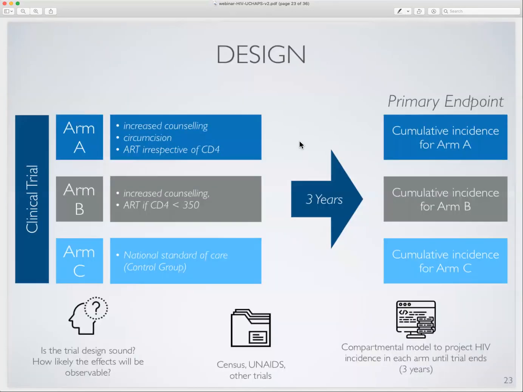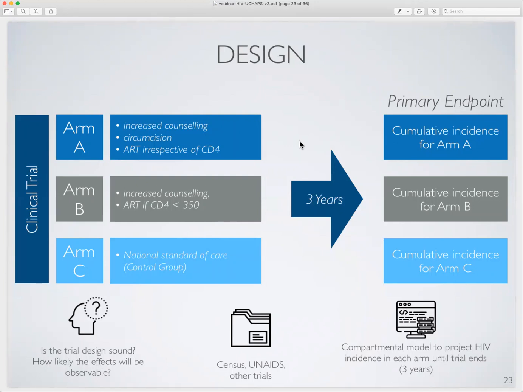And the clinical trial had 3 arms. You had arm A, which had the most intervention, where you had increased counseling for the participant. They also promoted male circumcision, and treatment was given irrespective of the CD4 count.